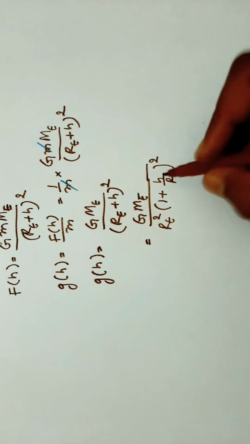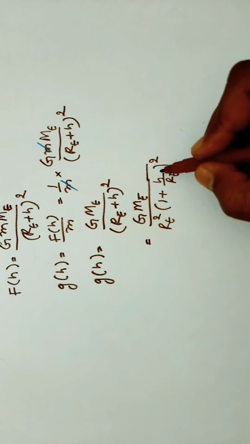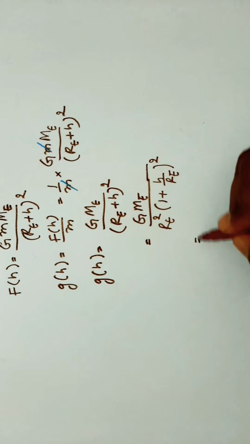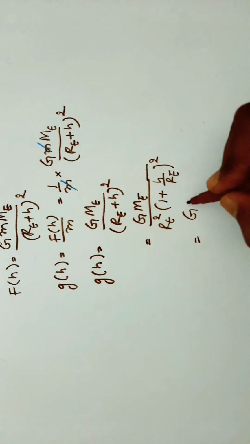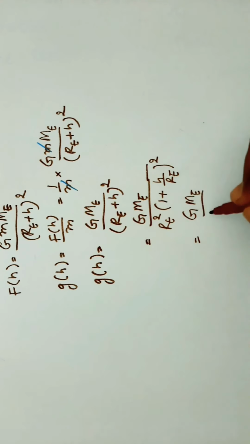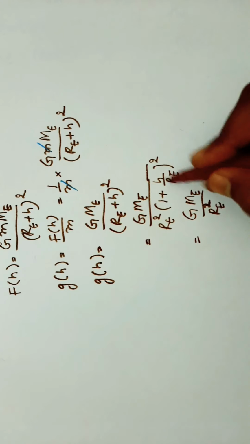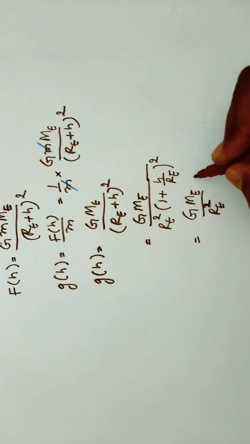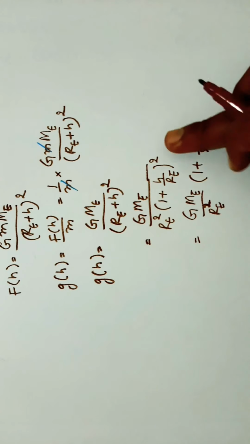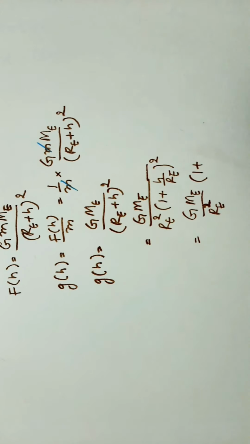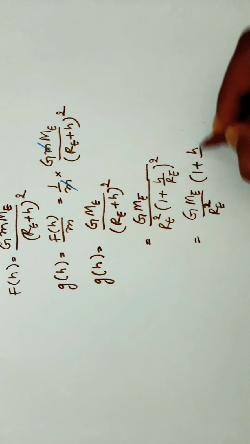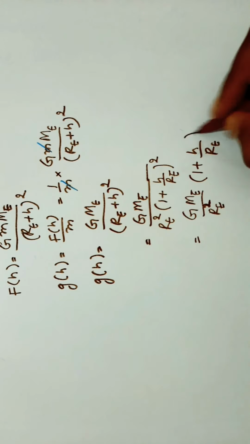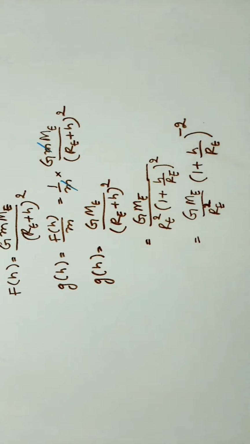Taking it to the numerator, we can get G Me by Re square into 1 plus h by Re whole to the power of minus 2.